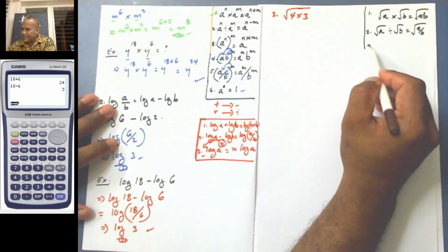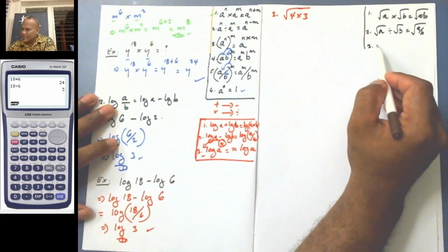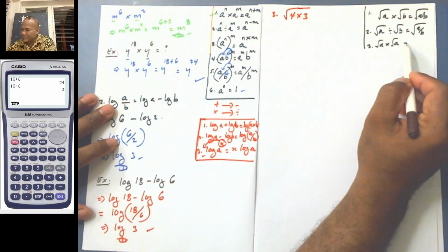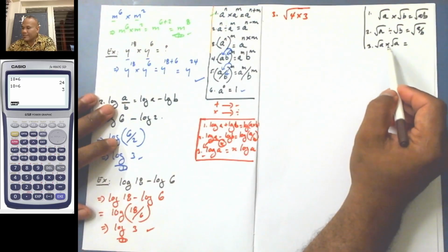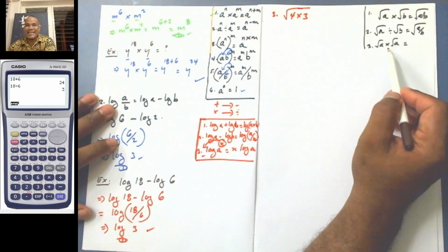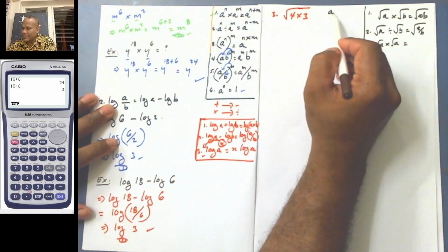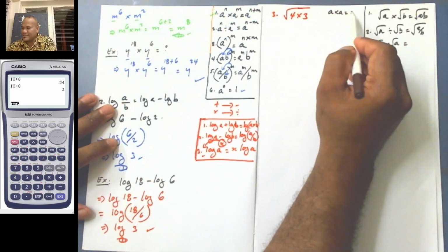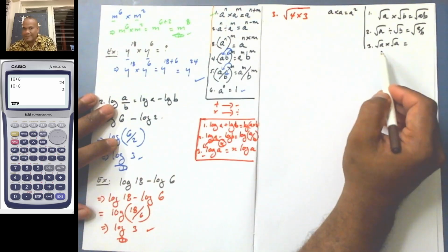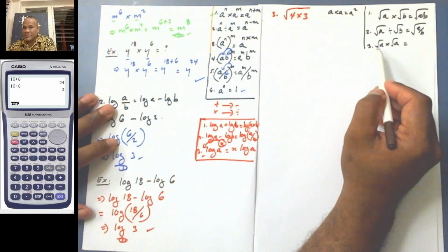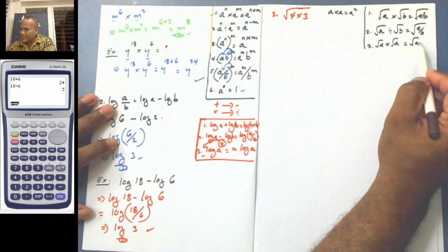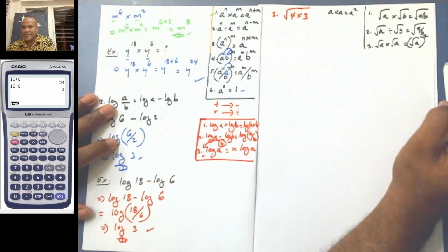And the third law says square root of a times square root of a. Now, a times a is a squared. Similarly here, square root of a times square root of a is square root of a squared.